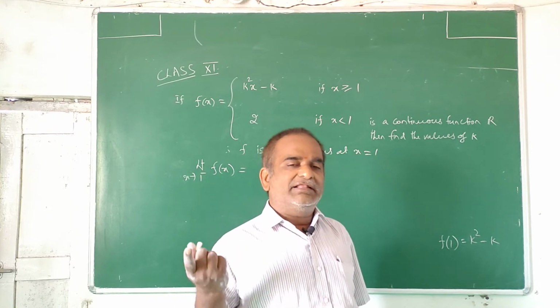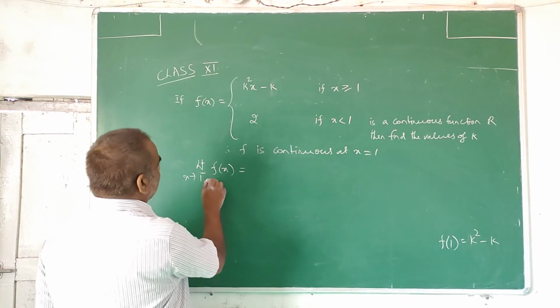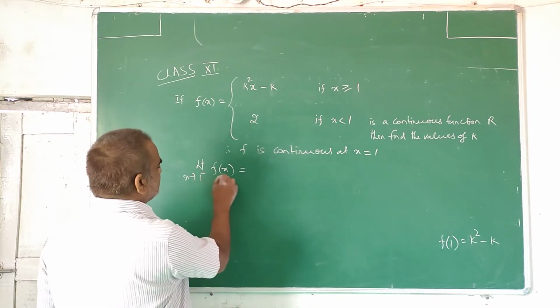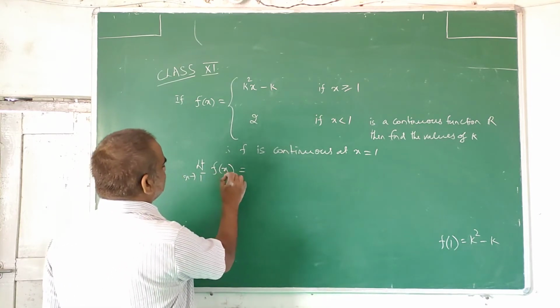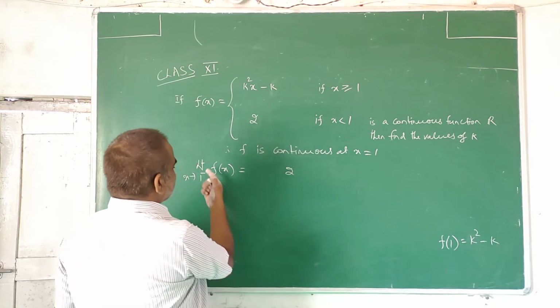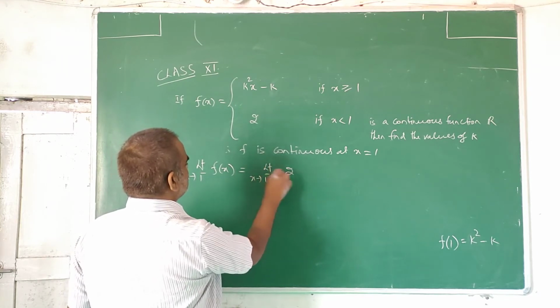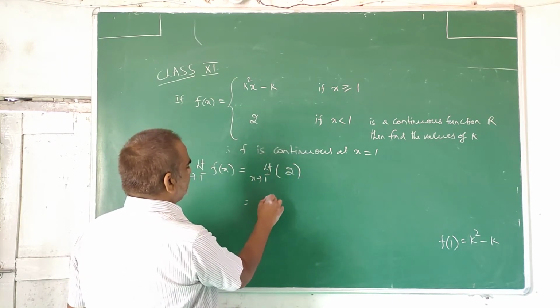So I am calculating LHL. For x less than 1, f(x) is 2. That's it. A constant has got nothing to do with the limit, so it is 2.